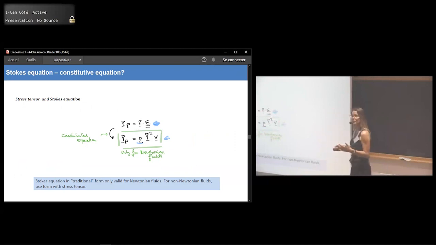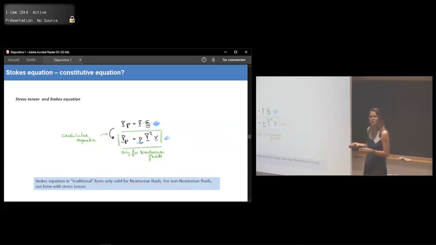So we need to keep in mind, if we have to work with non-Newtonian fluids, we should look at a Stokes equation where we use this stress tensor and not right away the viscosity. Okay? But we can now also understand how we link what we've learned about the stress tensor to, for example, an applied pressure difference.